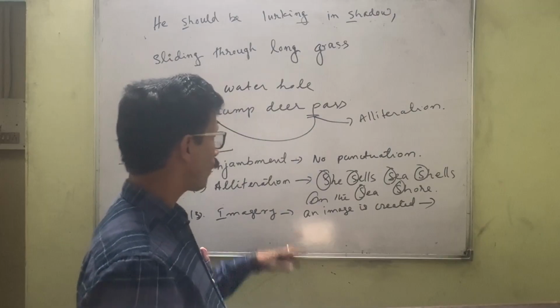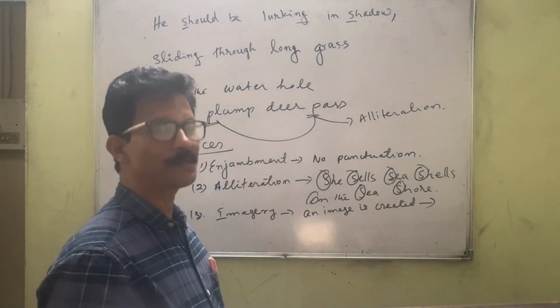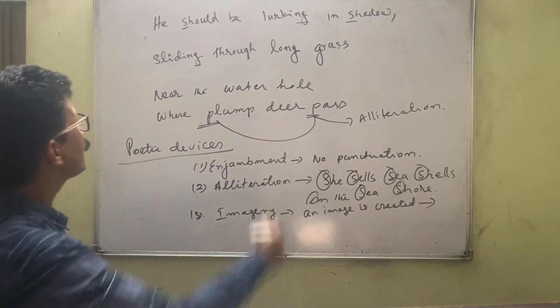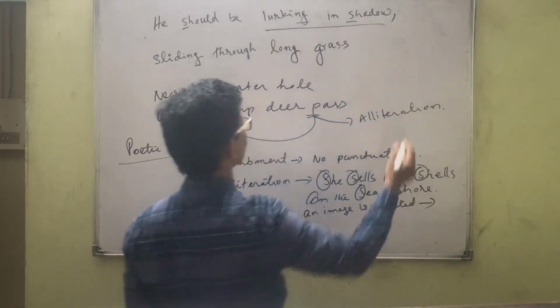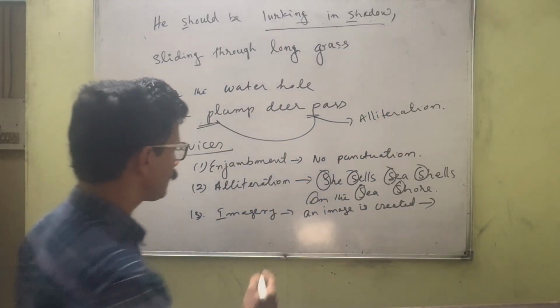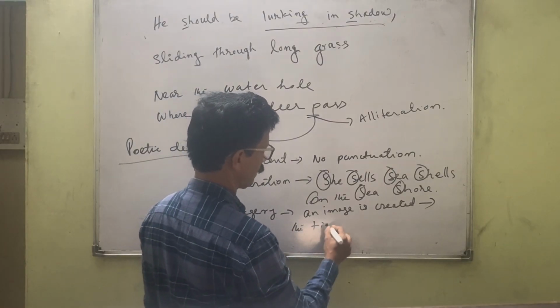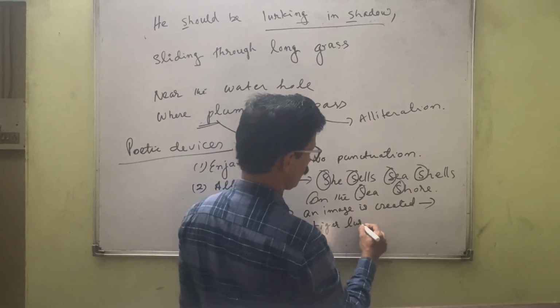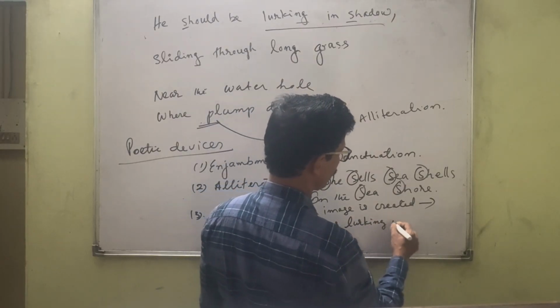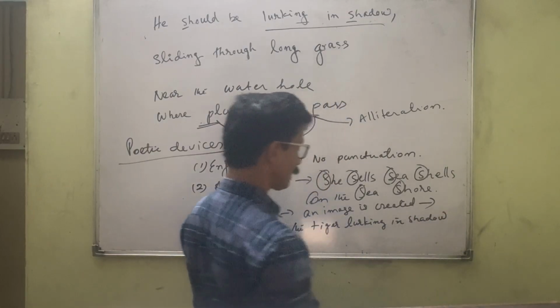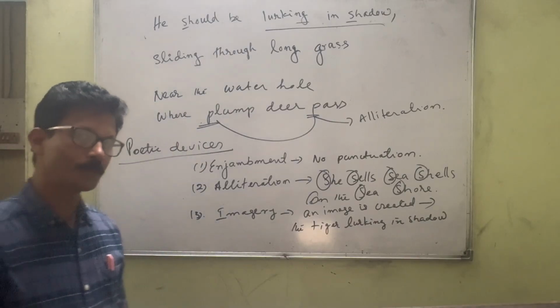Let us look at what is the image created here. Here you see the tiger lurking in shadow. The tiger lurking, lurking in shadow.